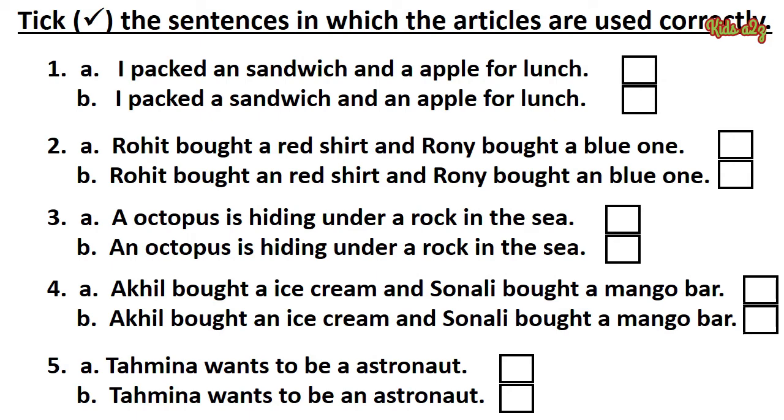Option B, Akhil bought an ice cream and Sonali bought a mango bar. Here option B is correct. Question number 5, option A, Tamina wants to be a astronaut. Option B, Tamina wants to be an astronaut. Here the correct answer is option B.